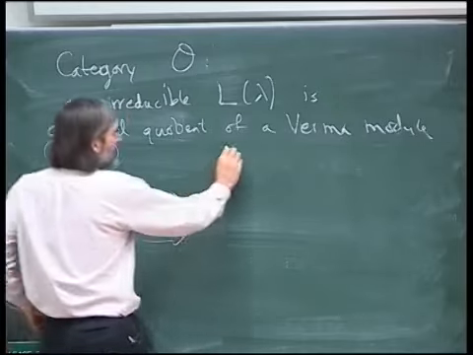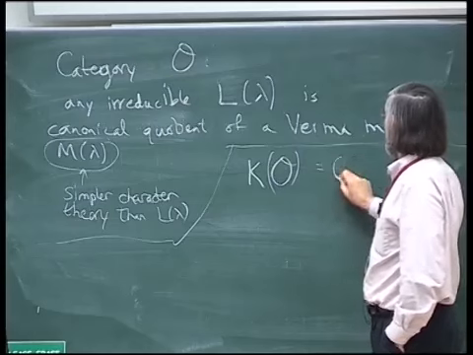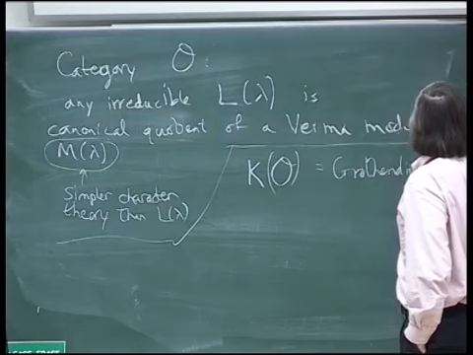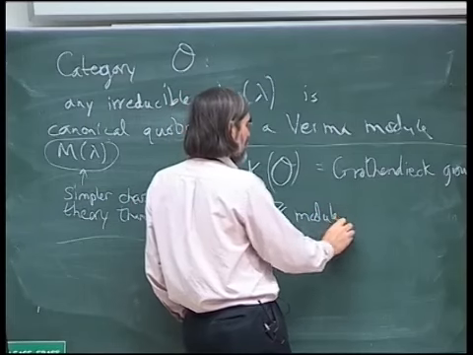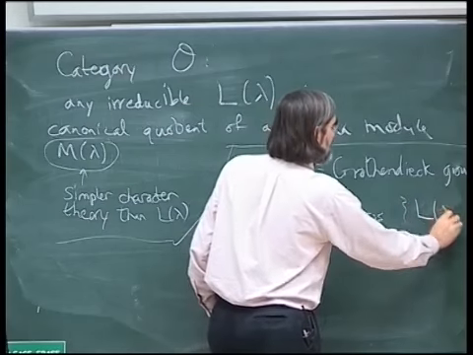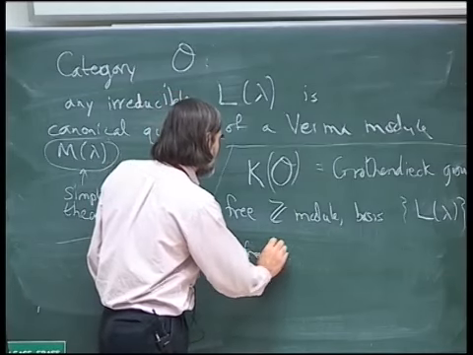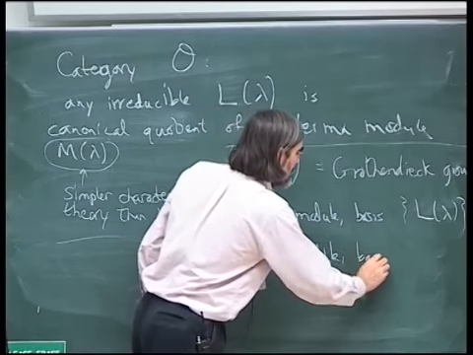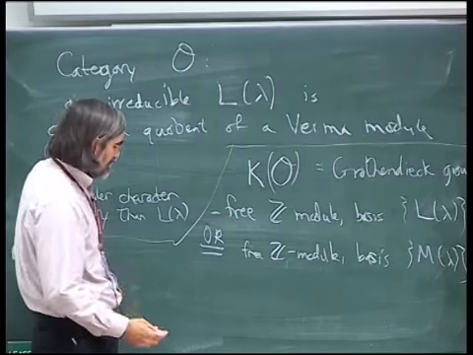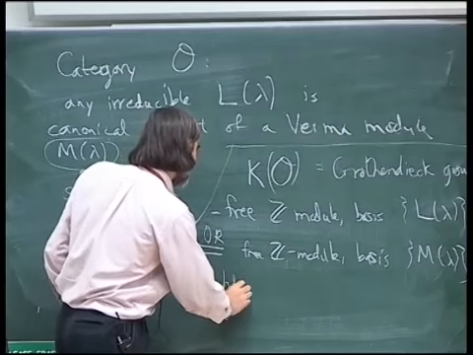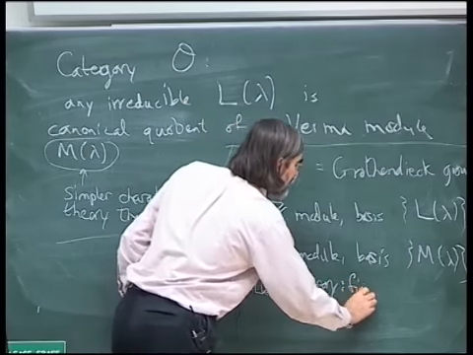What happens is that if you take the Grothendieck group of O, then of course this is a free Z module with basis these various L of lambdas, but it's also useful to know that it's a free Z module with basis this set of M of lambdas, and the original, in a sense, the original subject of Kazhdan-Lusztig theory was finding the change of basis matrix.